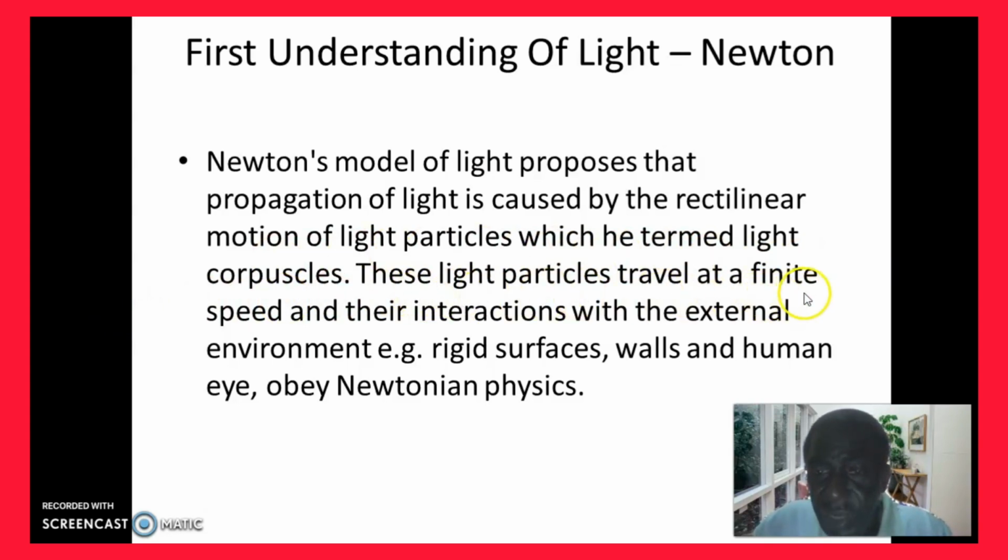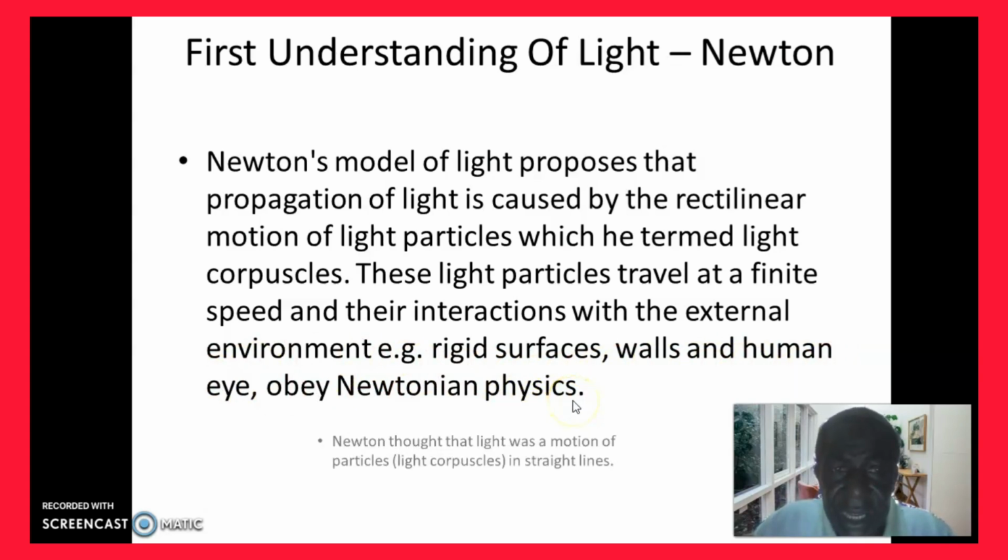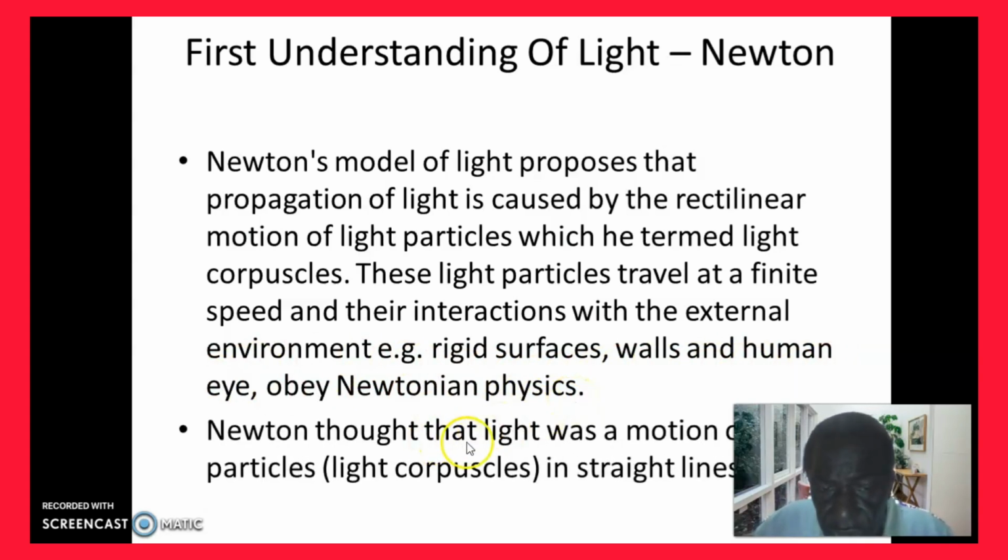These light particles travel at a finite speed, and they interact with the external environment, for example a rigid surface, a wall, and humans, obeying Newtonian physics. These are facts.